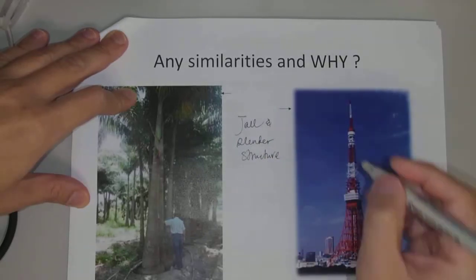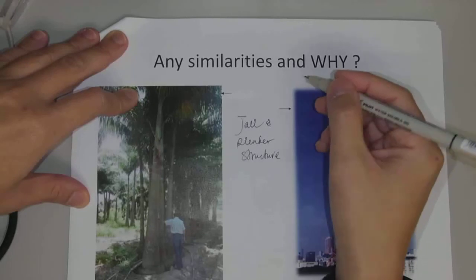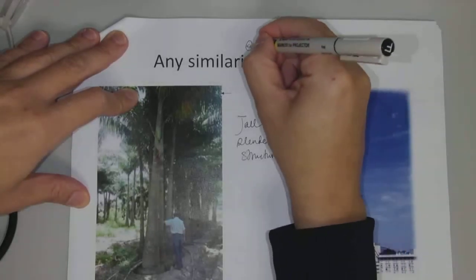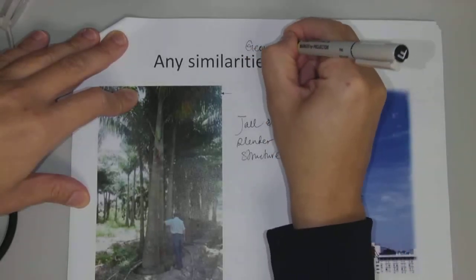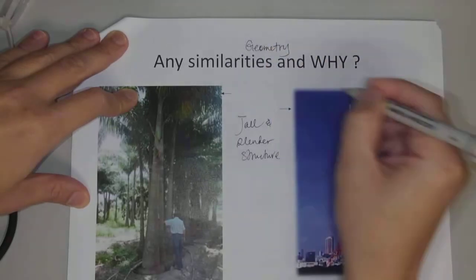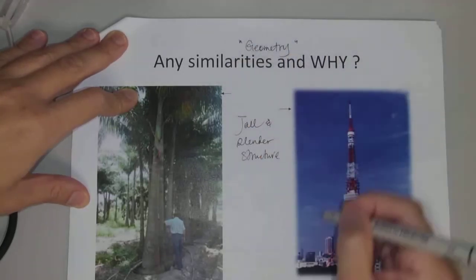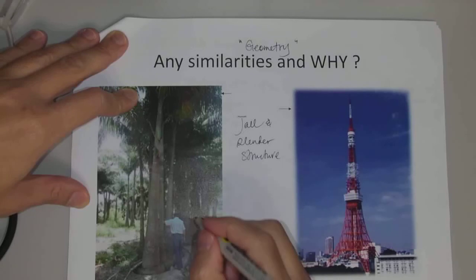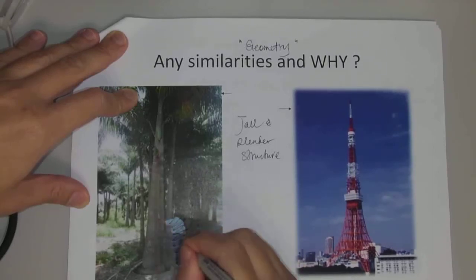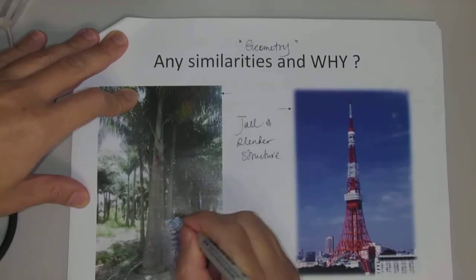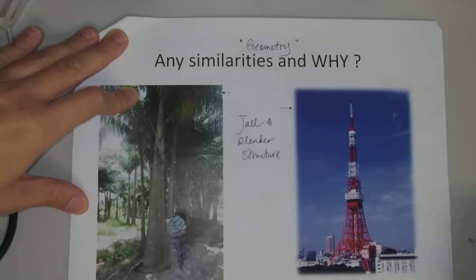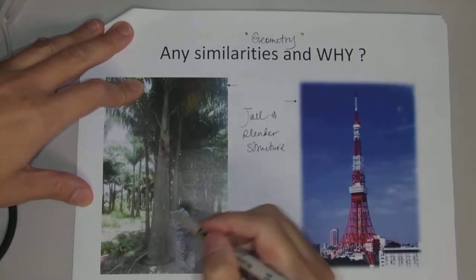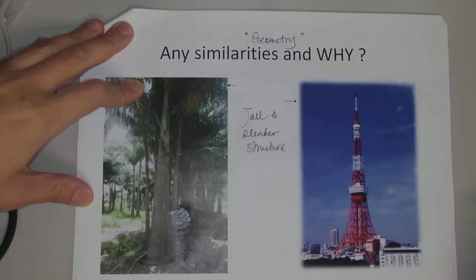These two figures are trying to demonstrate again something we mentioned last time, the importance of geometry in structure. Oh, these two structures, I don't mean this guy, of course. I mean that tree and that tower.